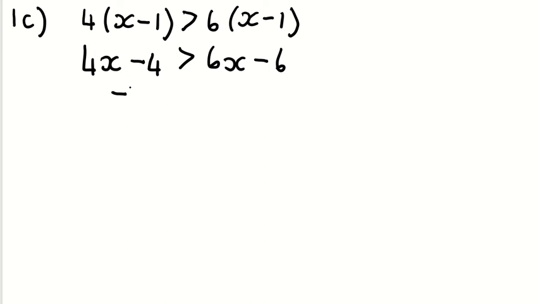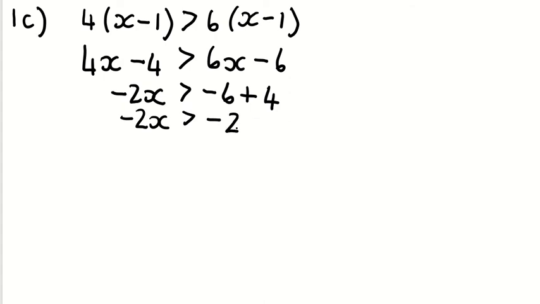So then I'm going to have minus 2x because 4 minus 6 is minus 2. Then I have the minus 6 and then plus 4 because I take it over so the sign changes. So then it's going to be minus 2x bigger than minus 2.